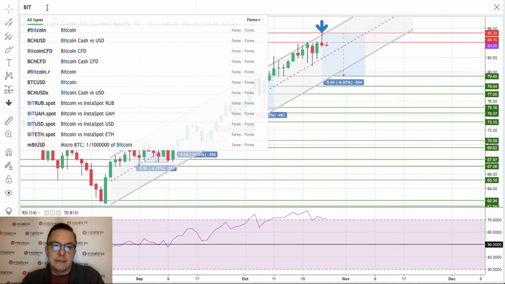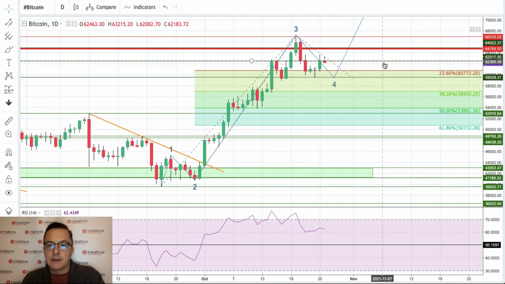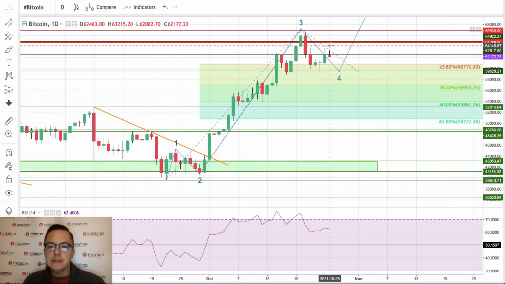And last but not least would be Bitcoin. What is Bitcoin doing? Bitcoin is doing, of course, a corrective cycle. Yesterday, a very nice green up candle. Today we are not changing that much, but as you can see, our momentum is going lower and lower. So it looks like this waveform might take a little bit longer to develop, and the 23% retracement of the last wave up might not be exactly the case here.